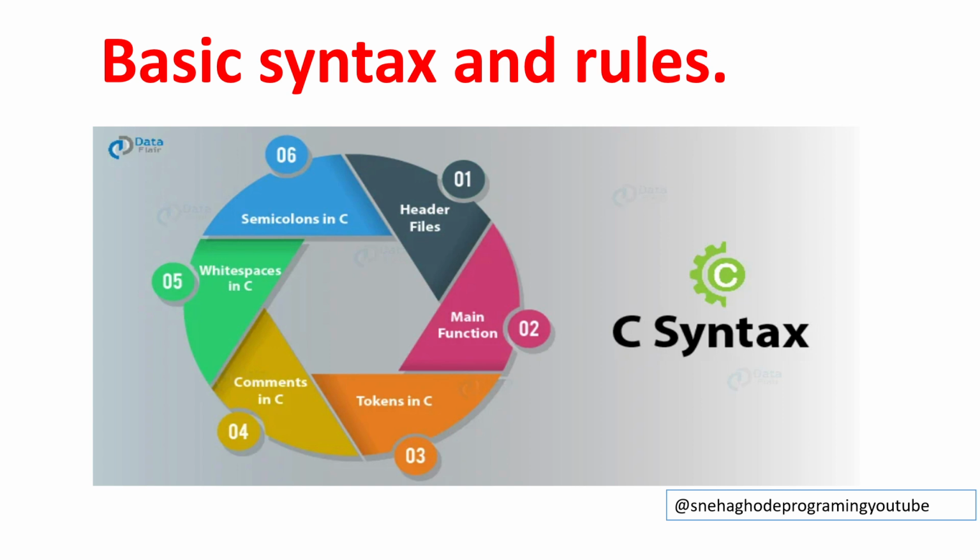Then after that we have some tokens in C, like keywords, variables, and functions. We have some tokens in the C language. Then comments in C. While writing a program, to be a good programmer, if a non-programming person is going to see your program, he or she should be able to understand what we are actually doing in this program.